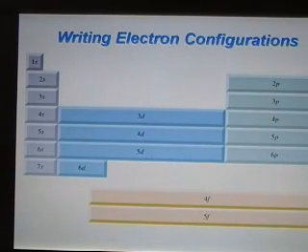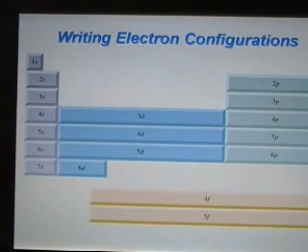Now, when writing electron configurations, we can look at the periodic table to help us. So, for example, if I start right here, that's hydrogen's position. Hydrogen has 1 electron, so its electron configuration should be 1s1.